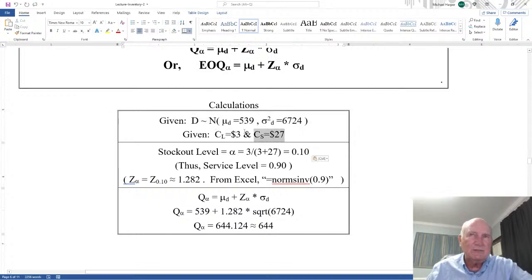Now right here, let me just mention. Notice how much more the short cost is than the long cost. And this is traditional. This is conventional. This is usually what happens. In other words, your short cost, which is your stockout cost, usually is much greater than long cost.